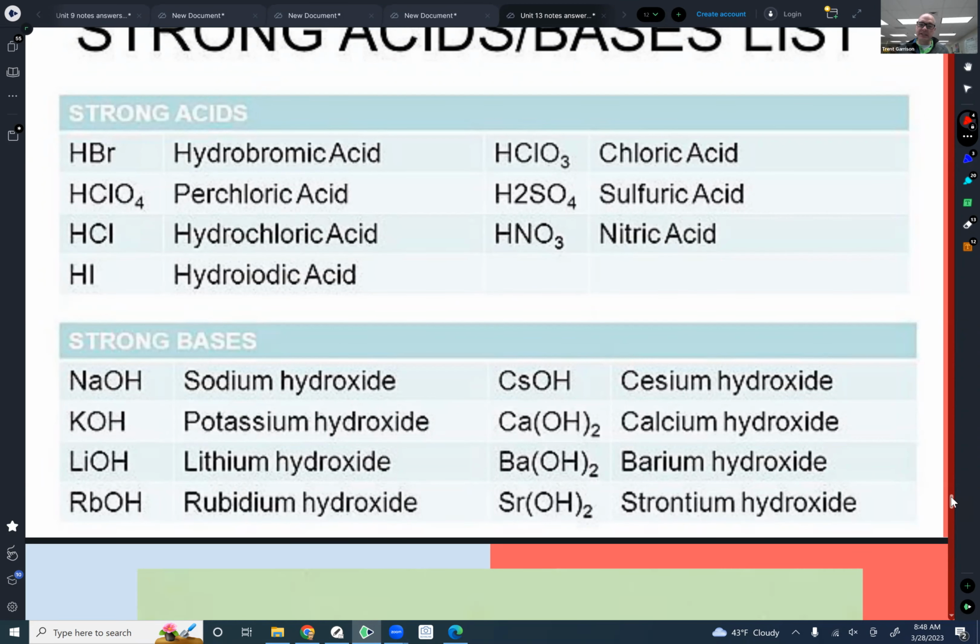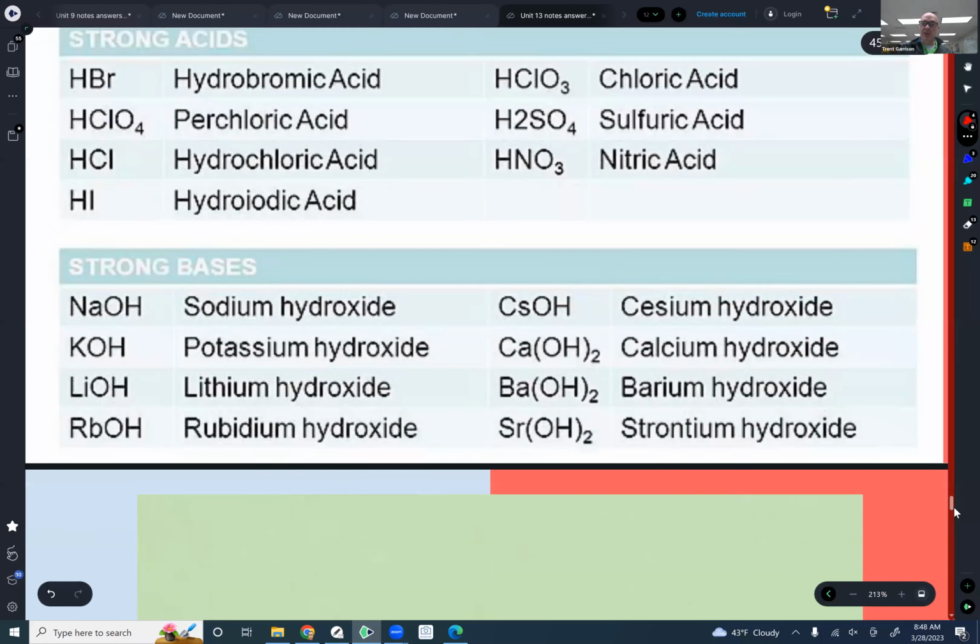Now, for the strong bases, it skips magnesium and goes to calcium, strontium, barium on that second column of the periodic table. So it's very easy to memorize these if you put just a little bit of effort into it. And again, what this tells you is these are the materials that will dissociate 100%. Everything else will not.